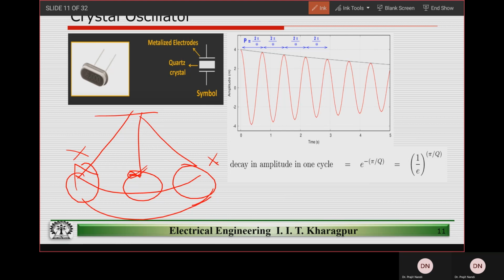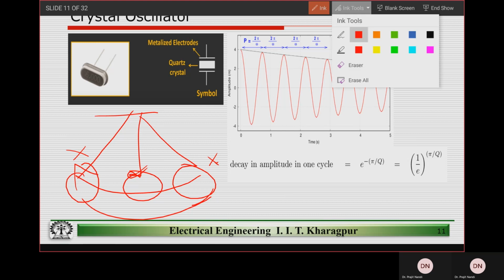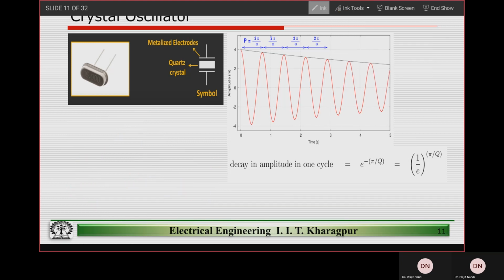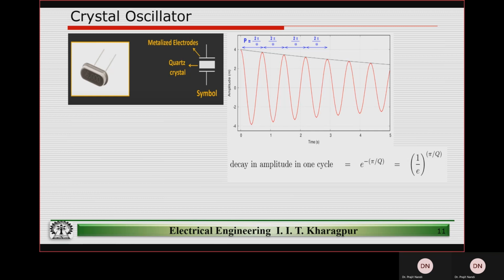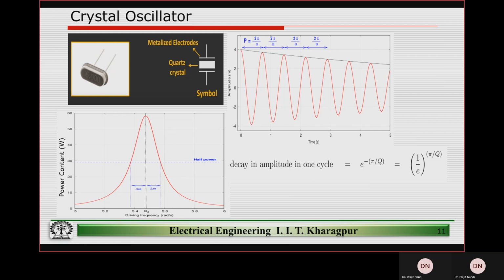At the other extreme, the energy will be in the inductor and the energy stored in the capacitor will be zero, and it will keep oscillating, right? However, because of parasitic or inherent resistance in the real world, the oscillation will tend to die down. We don't want that to happen, and that is the reason we want a high Q.